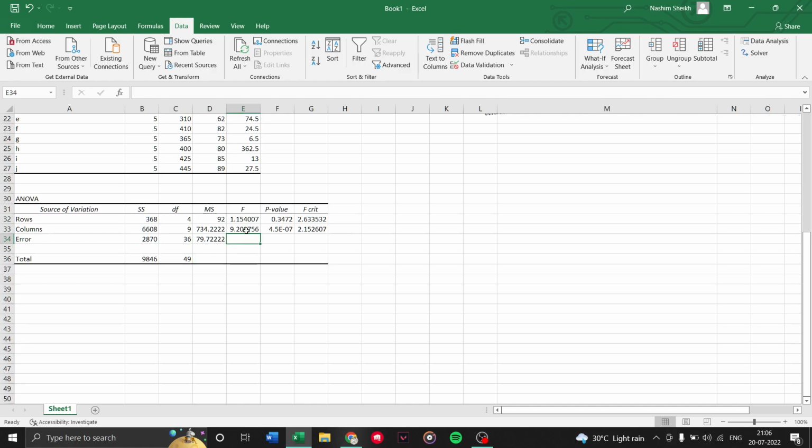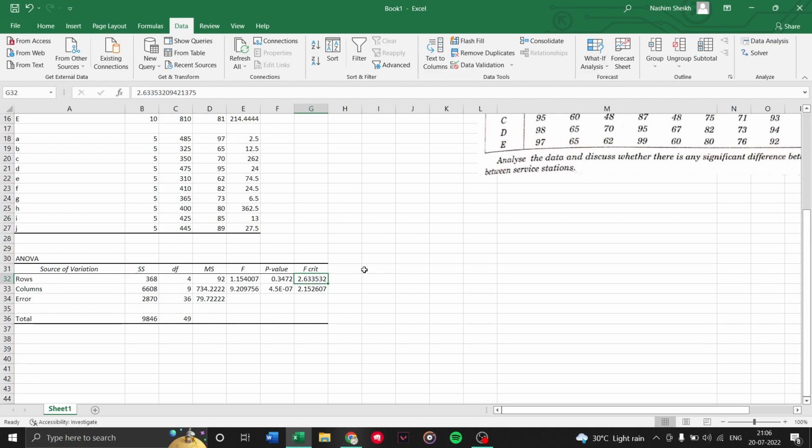So now coming to the interpretation, F stands for the F statistic. Here it's the F ratio, which is the MS rows divided by the MS error, and here we get the value 1.15, which is less than the F critical value 2.6.